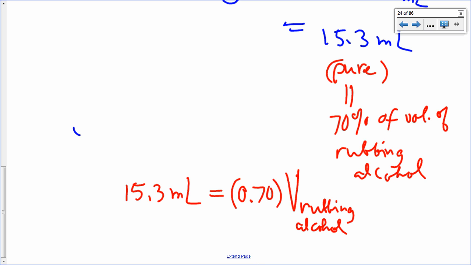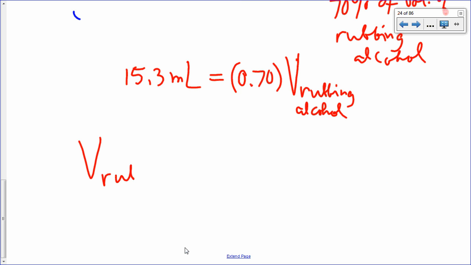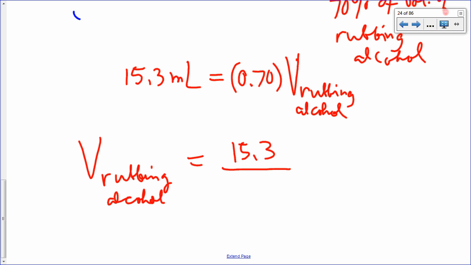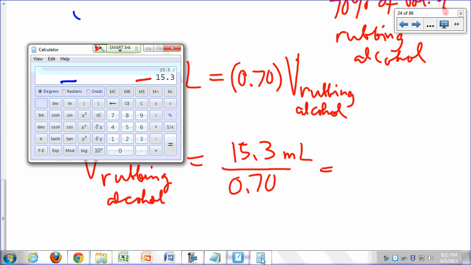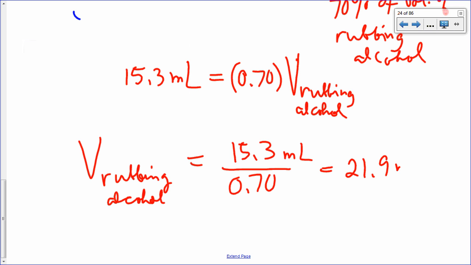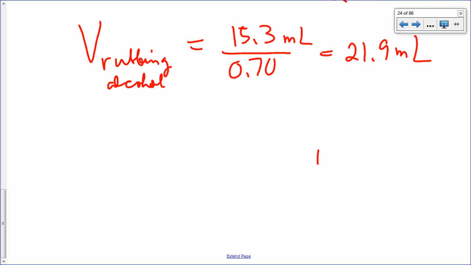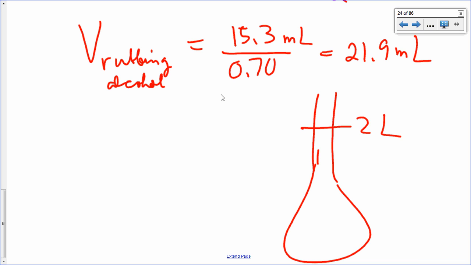So the volume of the rubbing alcohol that you need is equal to 15.3 divided by 0.70, and that should give you 21.9 milliliters. So now what I do is this. I take a volumetric flask with a 2-liter capacity.